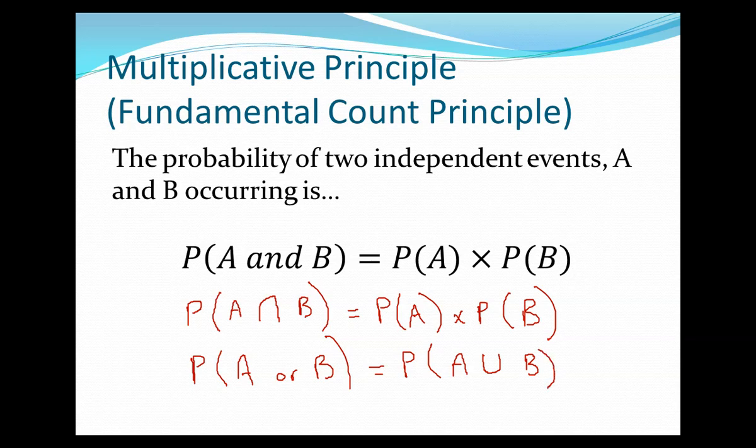Those are just different ways to say the same thing, but this multiplicative principle is really easy to use. You take the probability of A happening and multiply by the probability of B happening. It's also called the fundamental counting principle. Sorry for that spelling error there.